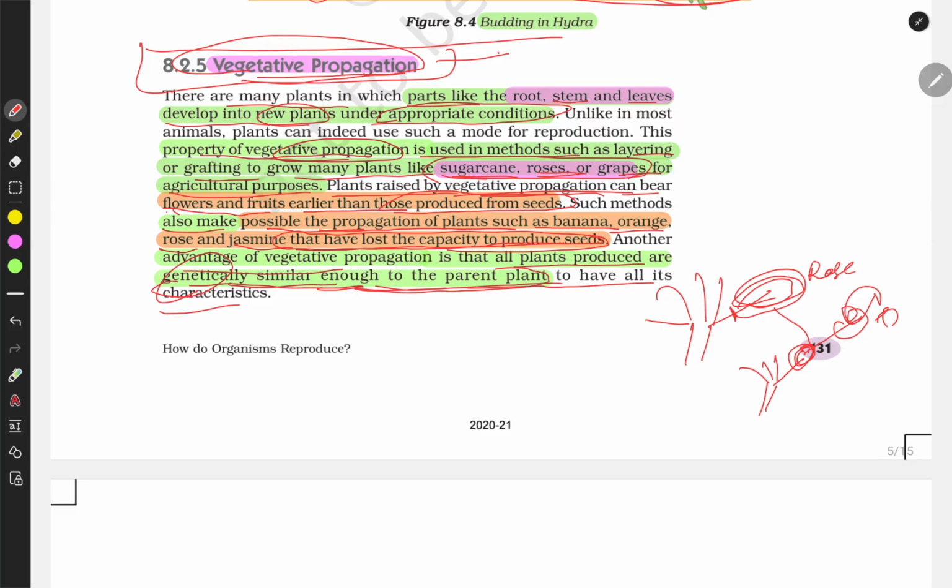This is also called artificial crossing or layering of trees. This branch of rose can take nutrition from this tree.